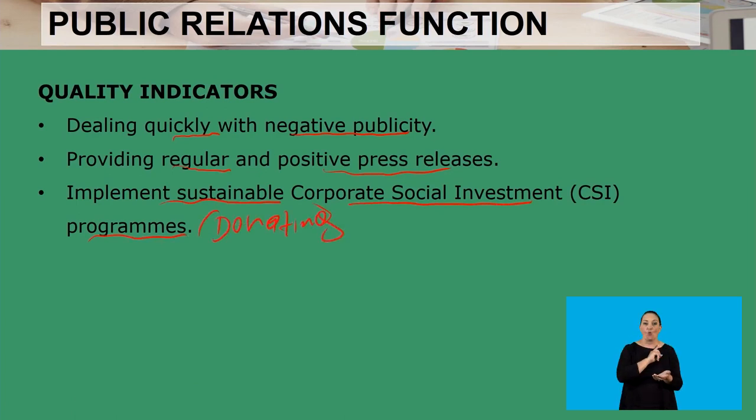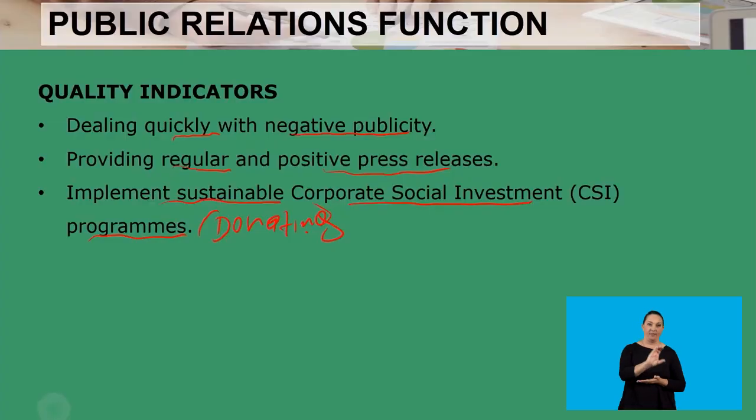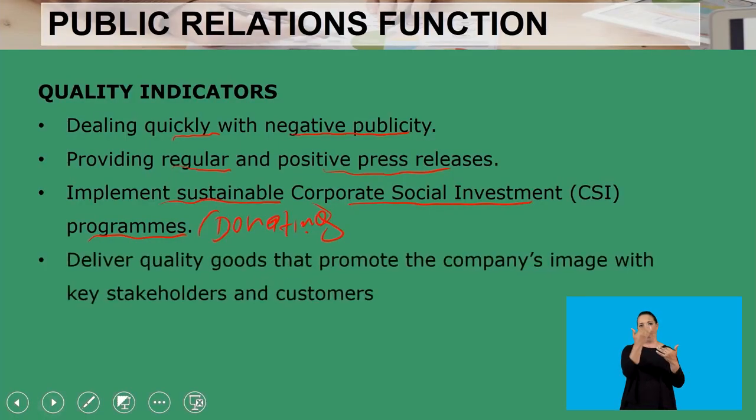When the business is donating to the community, they are maintaining a positive image. And another one, they should deliver quality goods that promote the company's image with the key stakeholders and customers. So the aim is to promote a positive and clean image for the business.